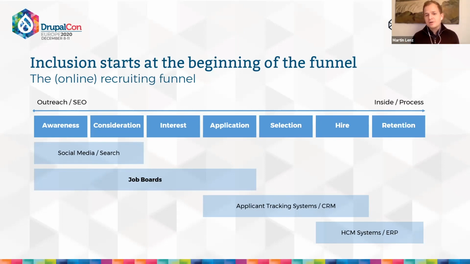But I want to highlight four very important touch points, because they are very common applications that basically every one of us knows. On the very left side, on creating awareness and consideration, it's social media and search, like Google, Facebook, Instagram. Those platforms become more and more important when it comes to creating awareness about jobs. But there are also job search platforms like Indeed that drive a lot of engagement, also to job boards, but also directly to employers.